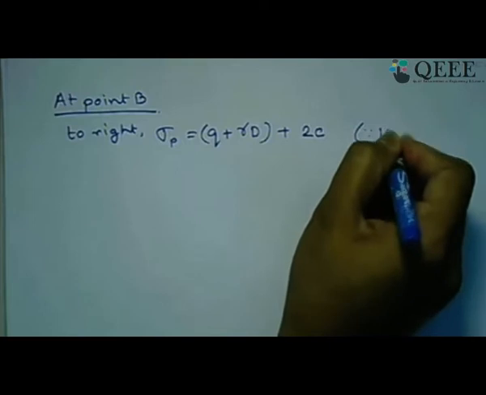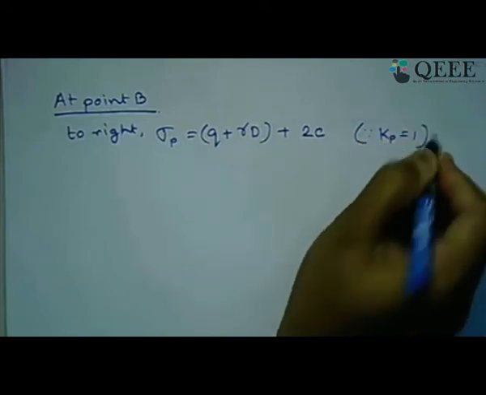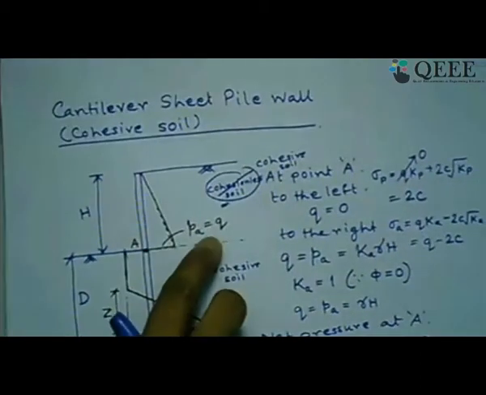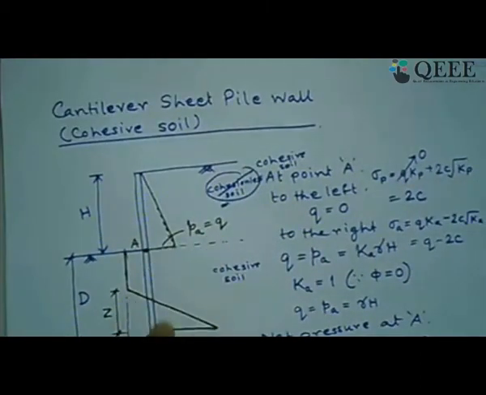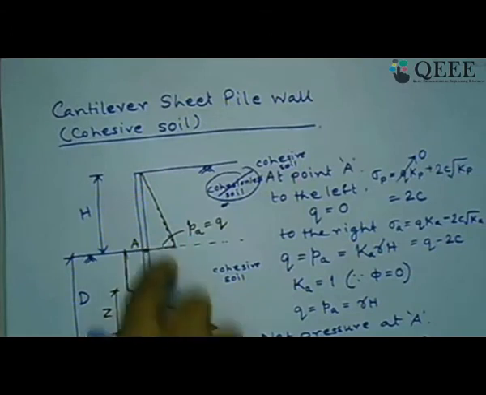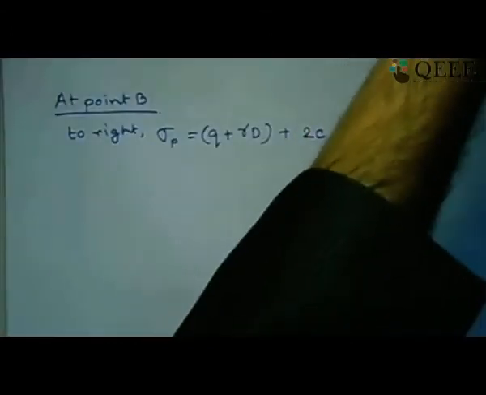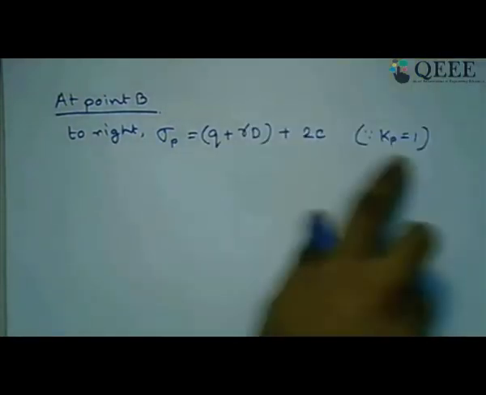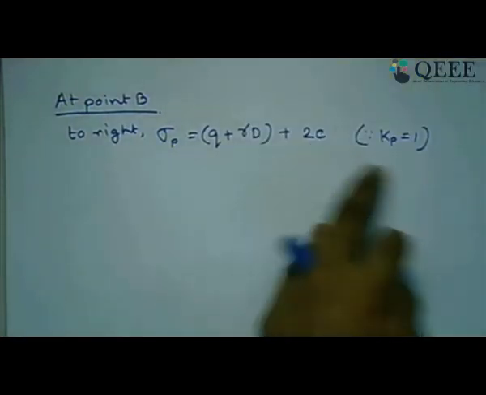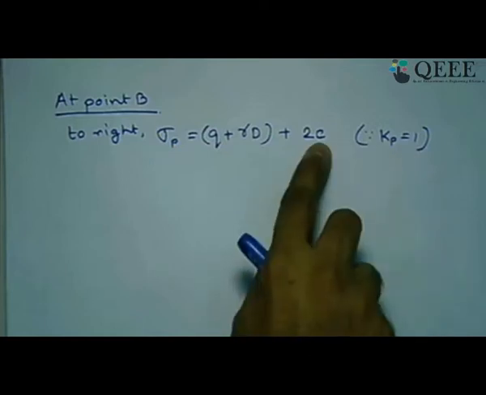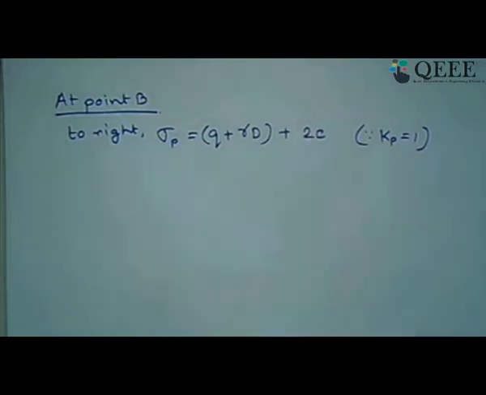Because here Kp equals 1, surcharge Q has been considered, and surcharge has got added gamma times this depth, so this also has to be taken care of. So Q plus gamma D times Kp, which is 1, plus 2C root over Kp, Kp being 1, comes out to be 2C.